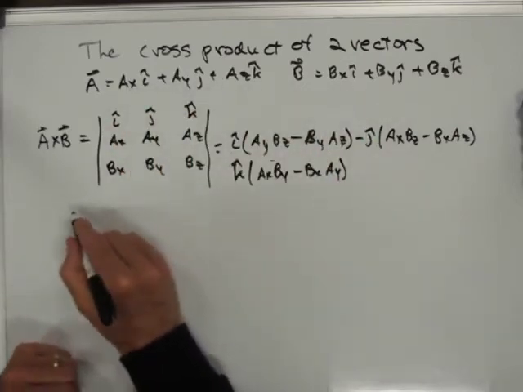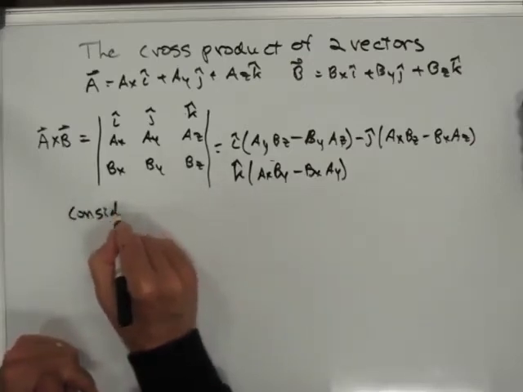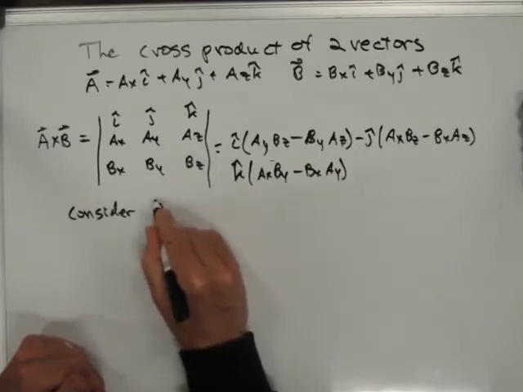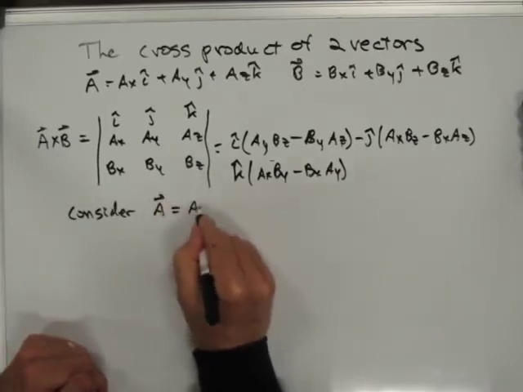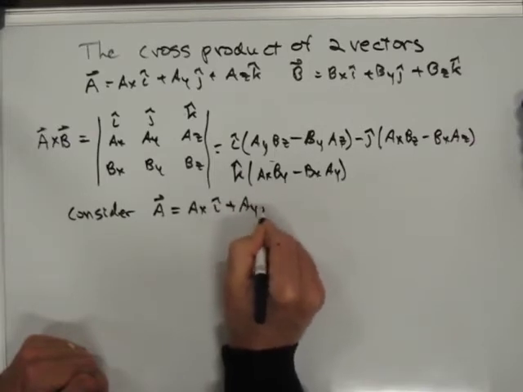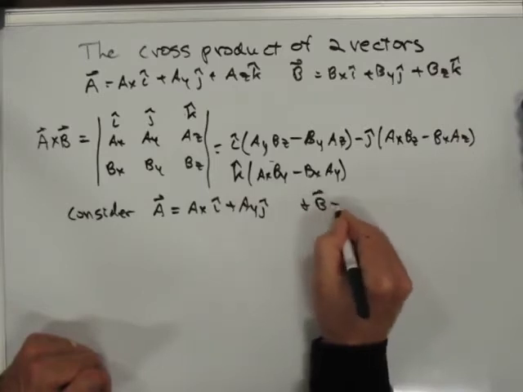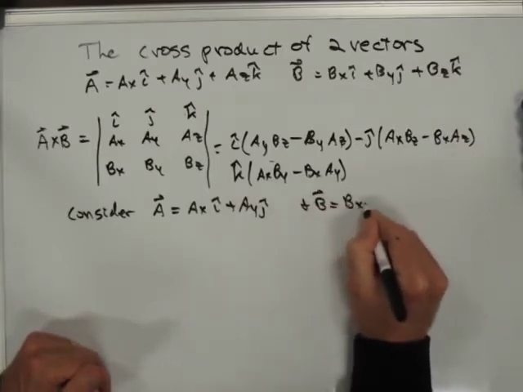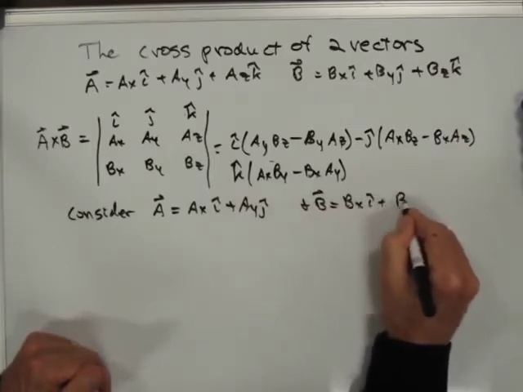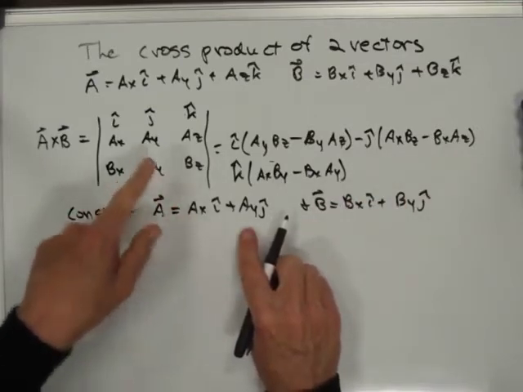And so as a simple example, consider A equals ax i hat plus ay j hat, and B is equal to bx i hat plus by j hat, both in the xy plane, so they have no z component.